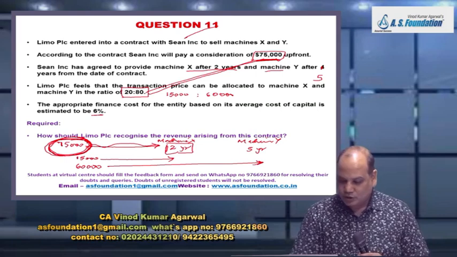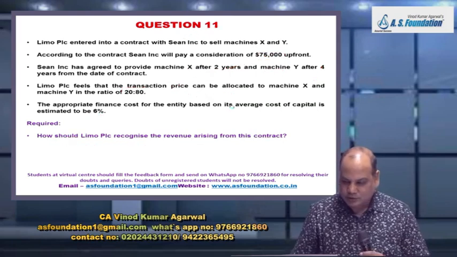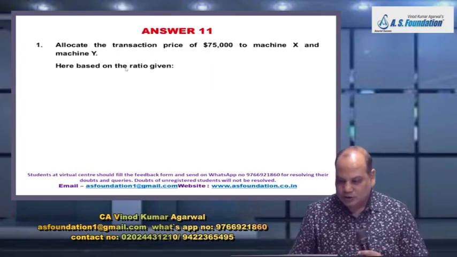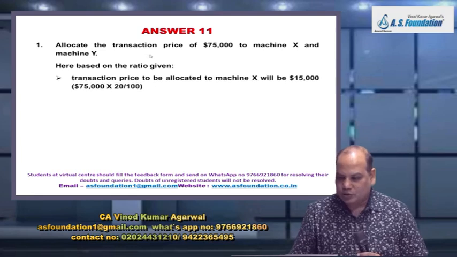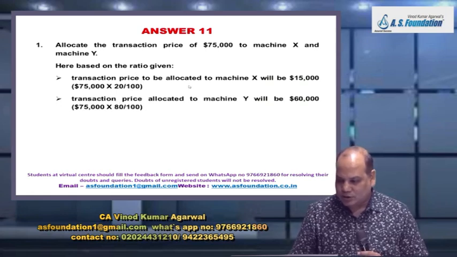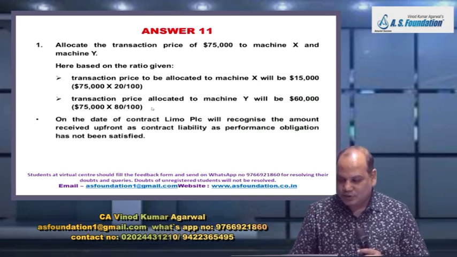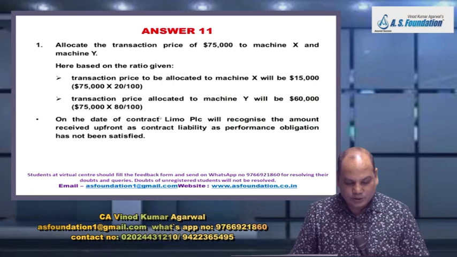Okay. So in case they ask you to pass journal entries, how will you pass the journal entries? So first is allocate the transaction price in the ratio of their standalone prices, which is 20:80. So transaction price allocated to machine X 15,000, Y 60,000. Have you completed the performance obligation on day 1?